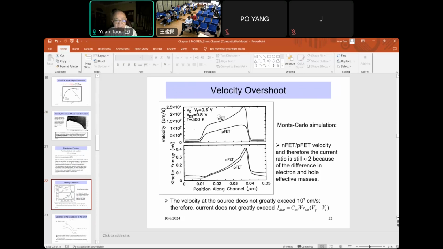So even in this case, when the velocity far exceeds the vsat at the drain, the current is still not much higher than what's predicted by the velocity saturation model. Okay, because at the source, the velocity is about 1.2, 1.3 times 10 to the 7.